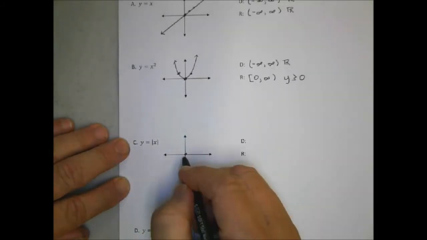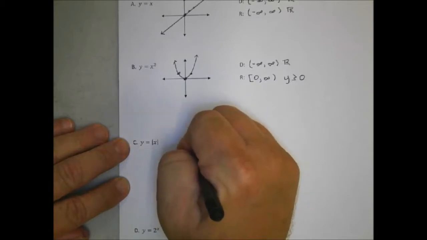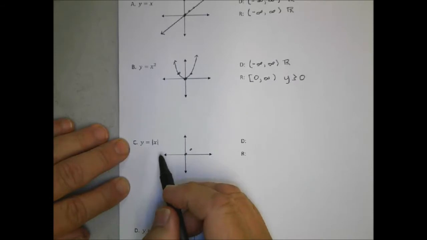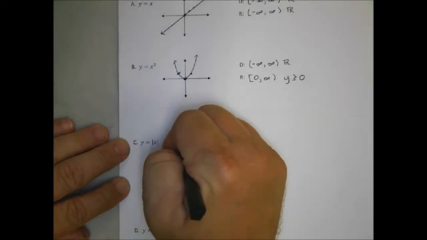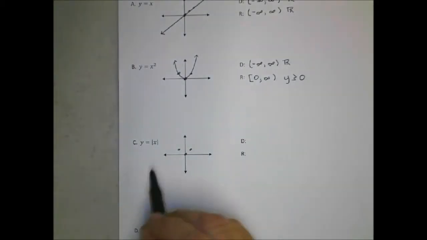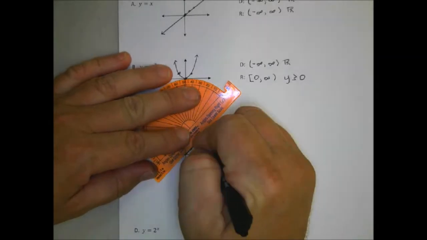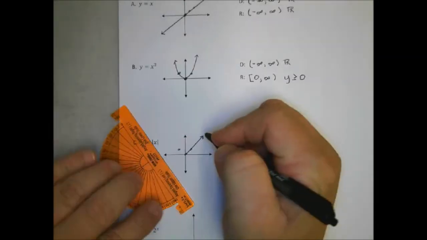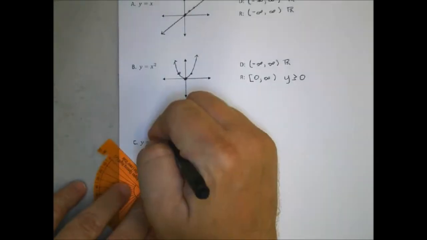When x equals 1, the absolute value of 1 is still 1. So 1, 1. But when x equals -1, the absolute value of -1 is +1, so -1, +1. So it's kind of acting like a parabola with the exception of what the graph looks like. This is linear. So this just goes like this forever and ever, and this goes like this forever and ever.